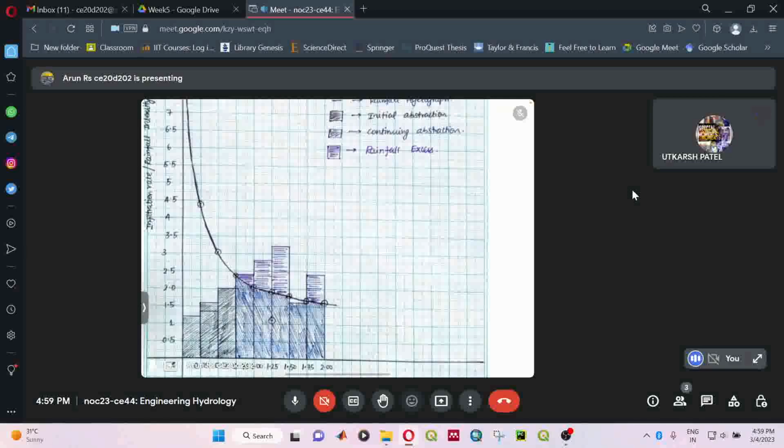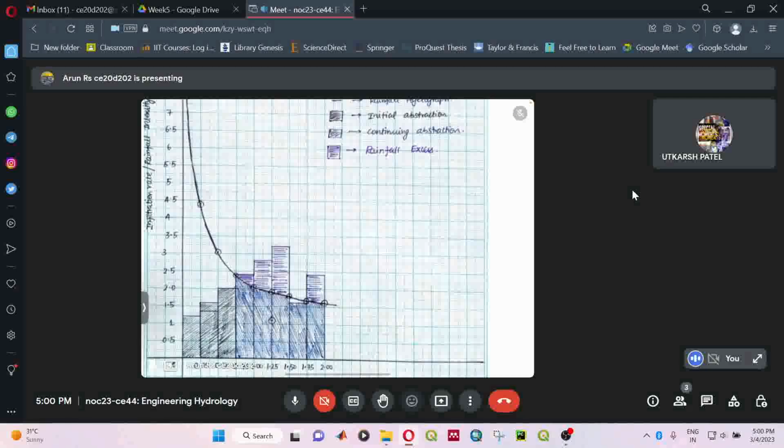And later, the area under your infiltration rate curve, the rest of the thing shaded in blue, is called continuing abstraction. So some abstraction has already been completed, then continuing abstraction happens.